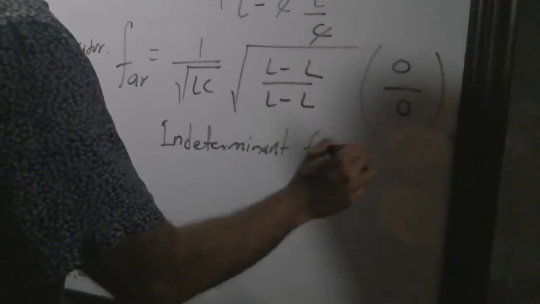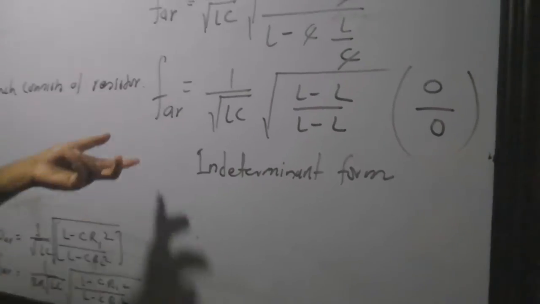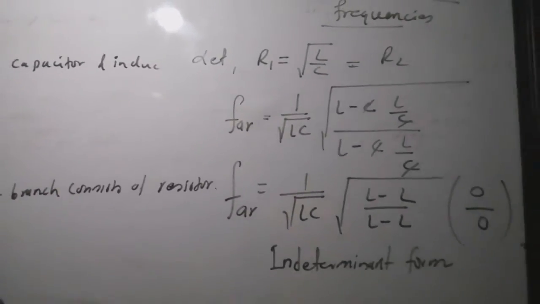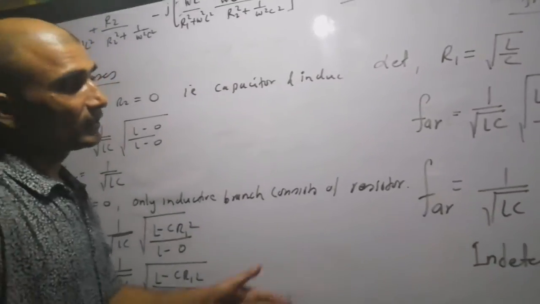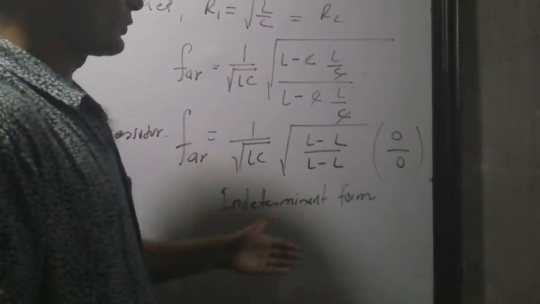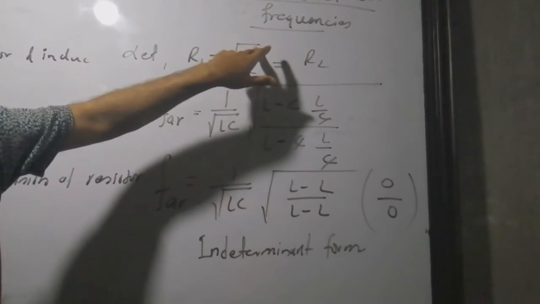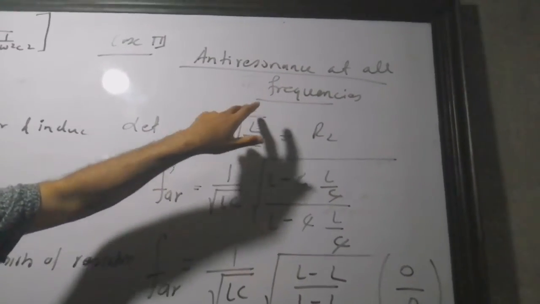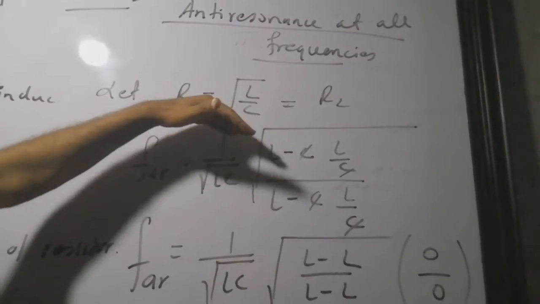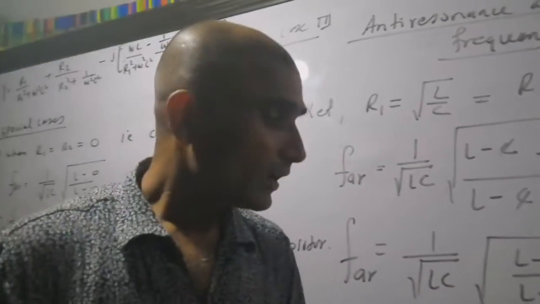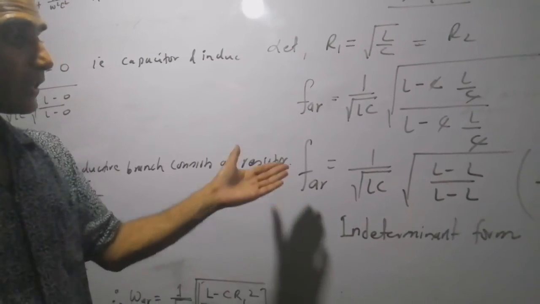It means we are not able to determine the frequency at which this anti-resonance takes place. So we can conclude that when we choose the value of both resistances equal to the root of the ratio of L by C, then we get a frequency which we cannot determine. It means the anti-resonant frequency is indeterminate.